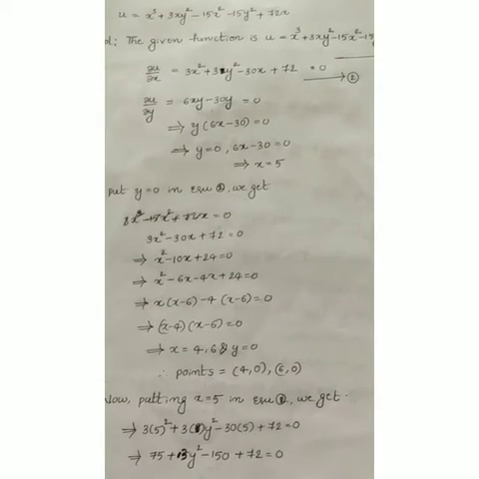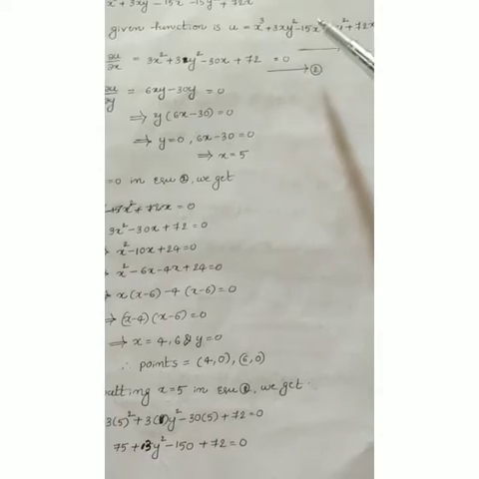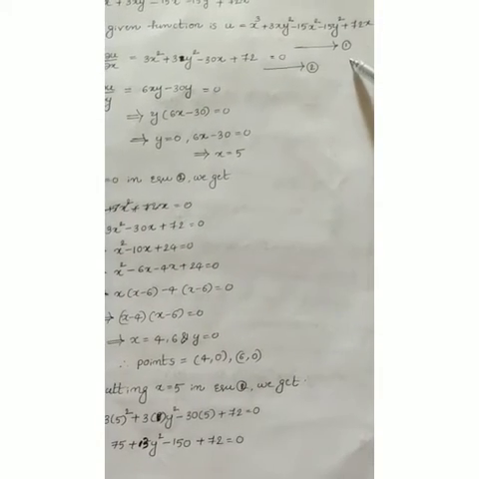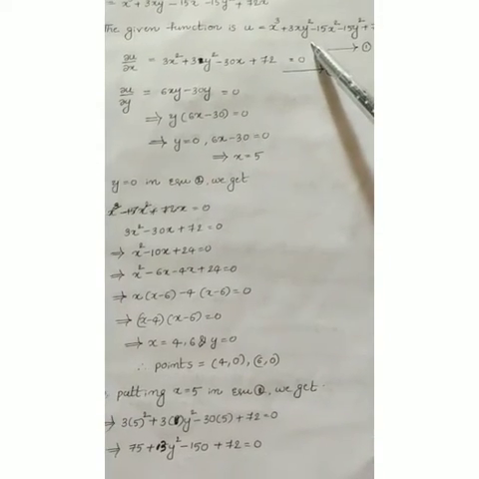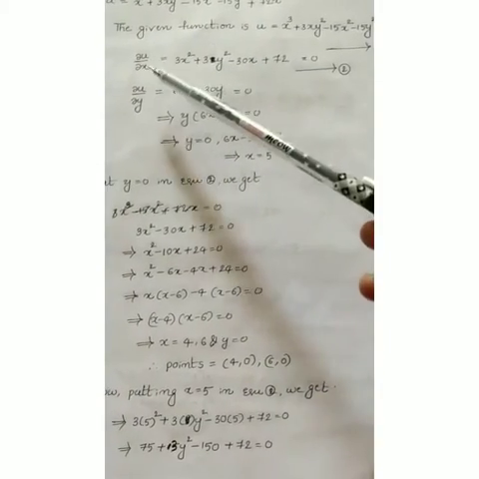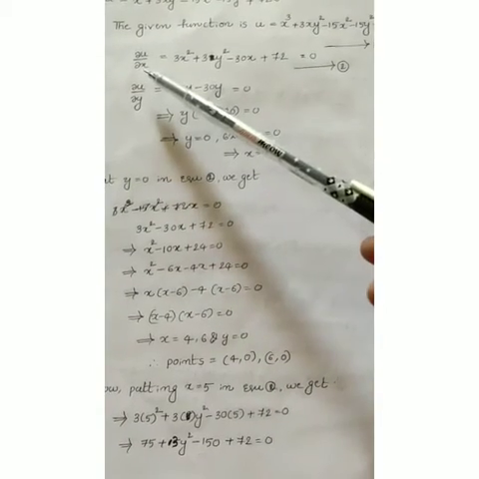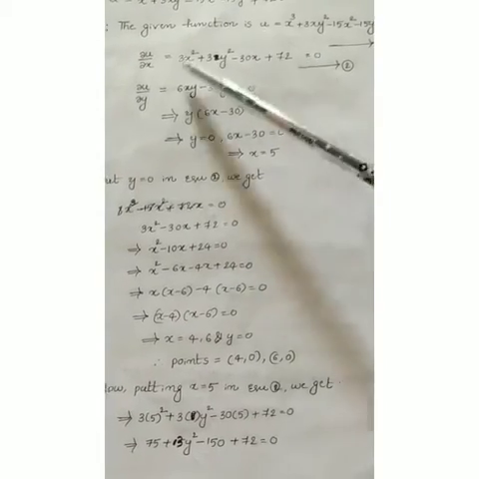Solution. Here the given function u is x cube plus 3xy square minus 15x square minus 15y square plus 72x. This is equation number 1. Now we have to find the first order partial derivatives, that is dou u by dou x and dou u by dou y. First, dou u by dou x. We are differentiating u with respect to x.